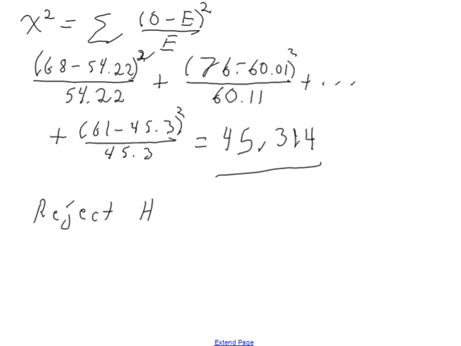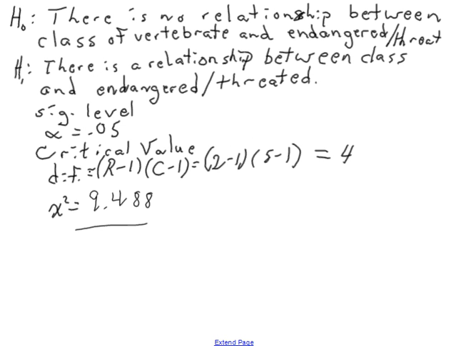Remember, it's always the null hypothesis that we reject or do not reject there. It's the summary where we decide the other part about the claim. And rejecting the null hypothesis means we're agreeing with this statement. In other words, we're saying there probably is a relationship between the classes.